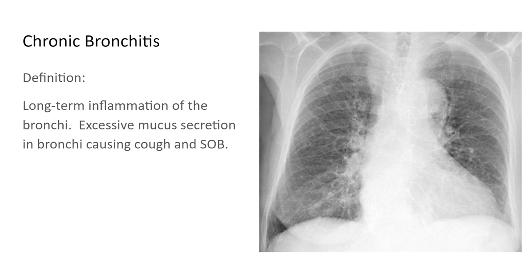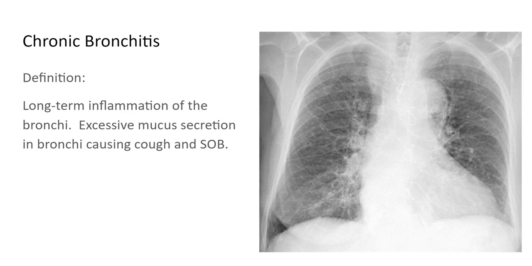Bronchitis usually involves the lower lobes of the lung, and in severe cases, it's demonstrated on radiographs by hyperinflation and dominant lung markings. You don't need to write that down, just for your information. Please connect chronic bronchitis with long-term inflammation of the bronchi, okay? So those are two examples of COPD.